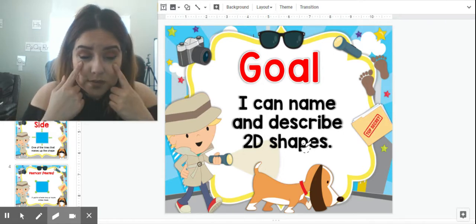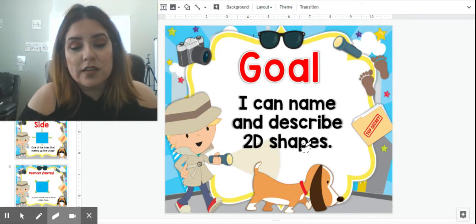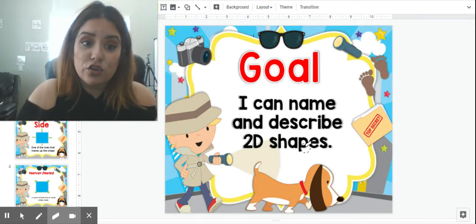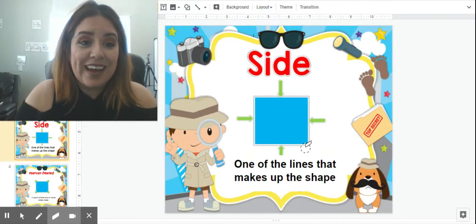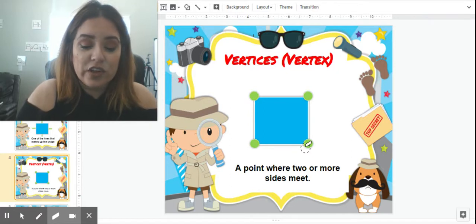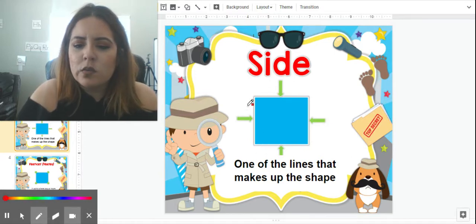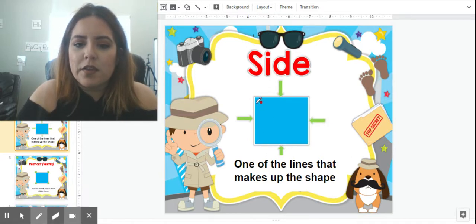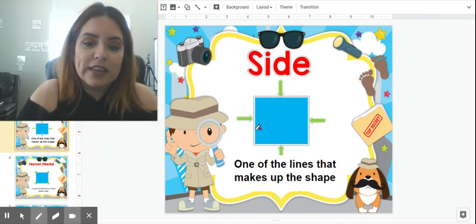Just like there are words that describe me and that help you know that it's me, there are words that describe shapes. There are 2 words that describe shapes. We can describe a shape by its side and by its vertex or vertices. Let me start with side. So a side is one of the lines that makes up the shape. So a side needs to be a straight line.